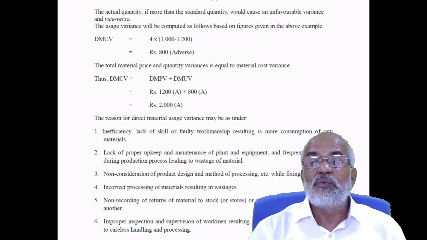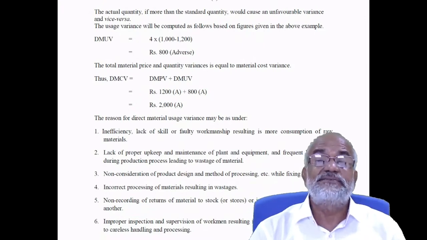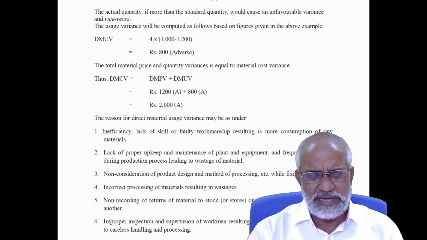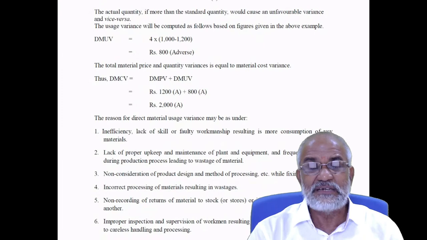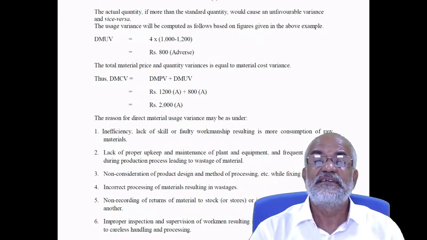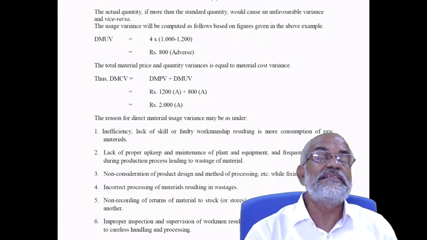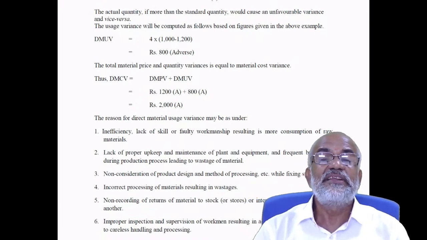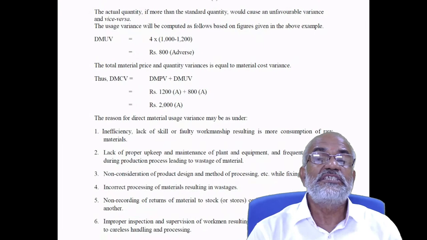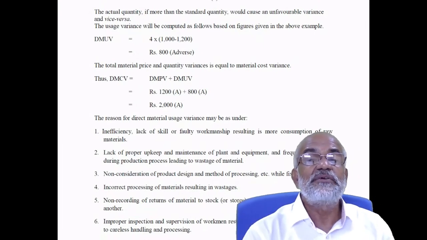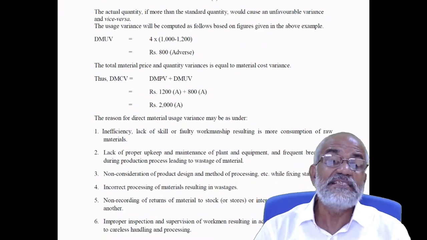When the workmanship is defective, that means low skill or poor quality laborers or workers are being engaged. This results in consumption of more raw materials, causing inefficiency, and that may be due to the adverse material usage variance.